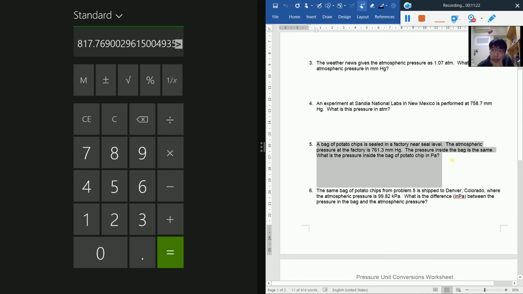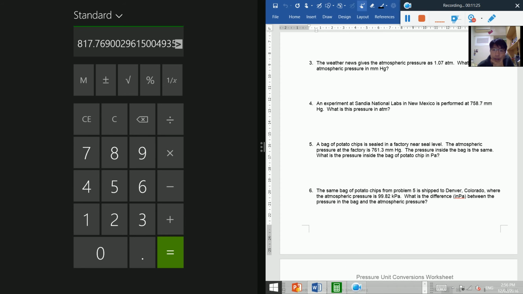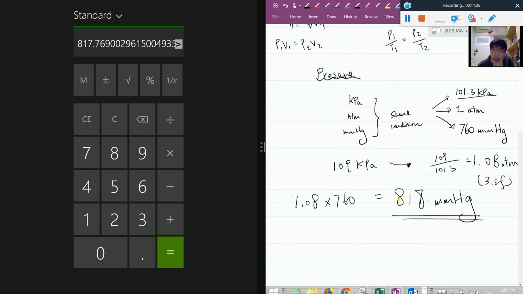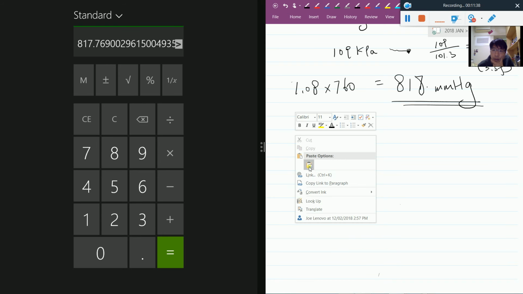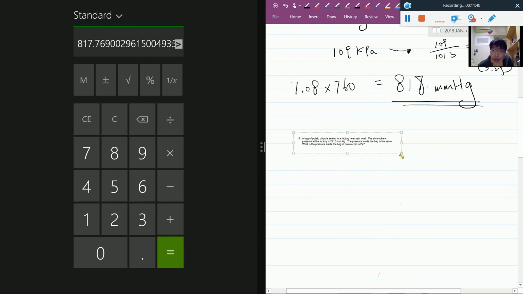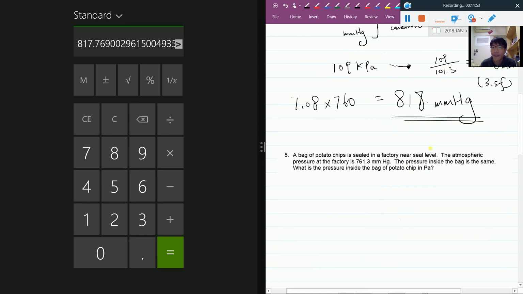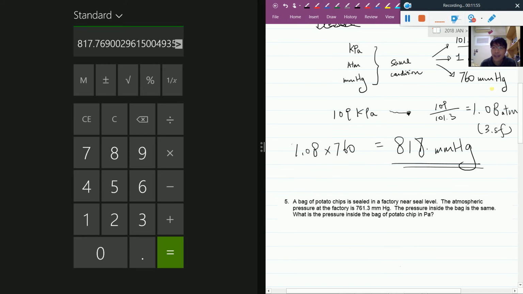Which one is good? Maybe that one there, question 5. Let's try this one. So question 5 is talking about a bag of potato chips near sea level where the pressure is 761. 761 is slightly higher than 1 atmosphere.